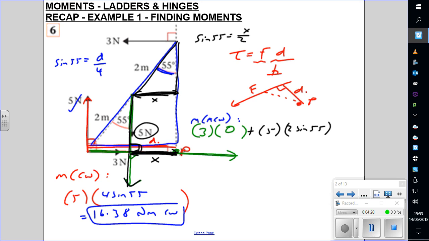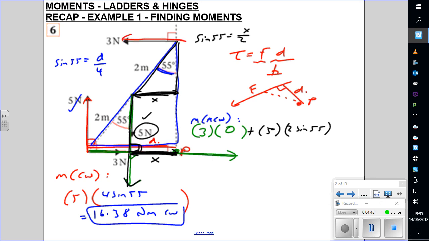So notice, if the angle is opposite the length I'm looking for, I'm going to go hypotenuse sine 55, or hypotenuse cos the angle if it's next to the angle. So that's that 5 newtons ticked off. What else do we have left? We've got this final 3 newtons at the top, and this is going anti-clockwise.